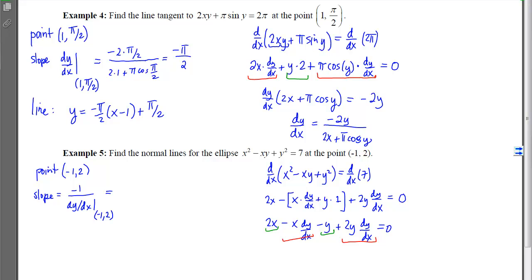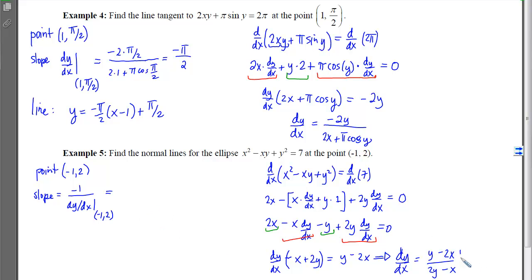So if I collect the dy dx's on one side and factor, I'll have dy dx times a negative x plus a 2y. And on the other side, I'll have a y minus a 2x. So if I isolate dy dx, I end up with y minus 2x over 2y minus x.